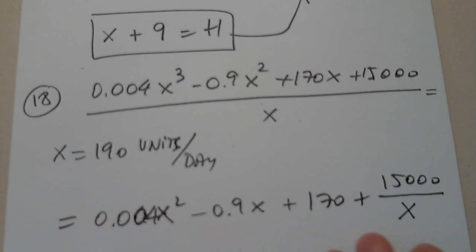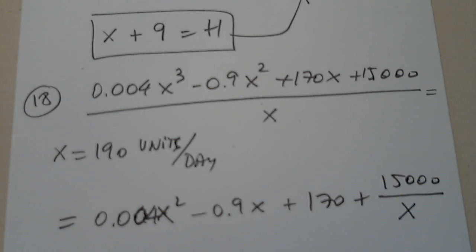Now, they want us to evaluate this when x is 190. Please do not do it by hand. Please put it in the graphing calculator under y equals. Clear whatever you have in there and enter it as is.